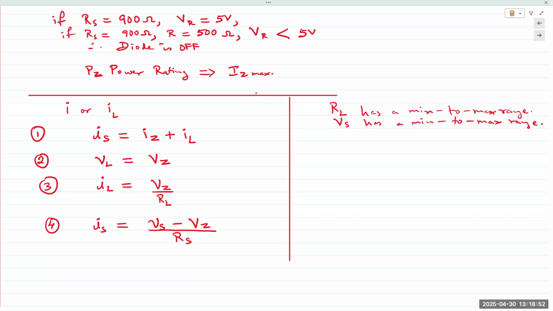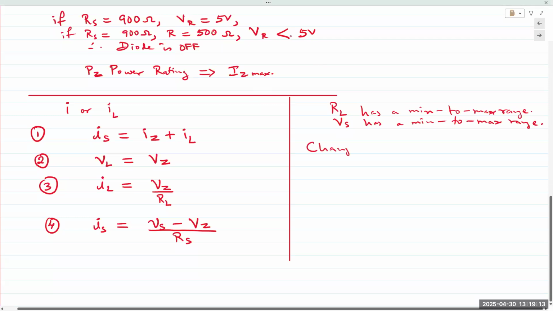So any changes in the values of RL and VS require that the Zener diode still hold the voltage across its terminals constant. And that is known as regulation. You're regulating the output voltage, keeping it constant, irrespective of what else is going on in the circuit. So if there's any change in RL, that requires regulation.